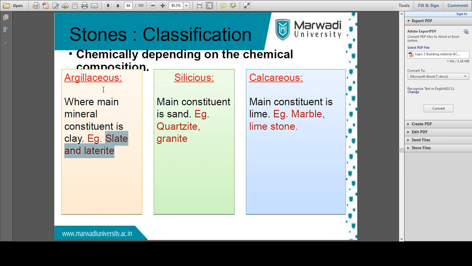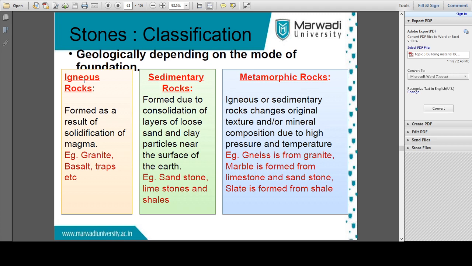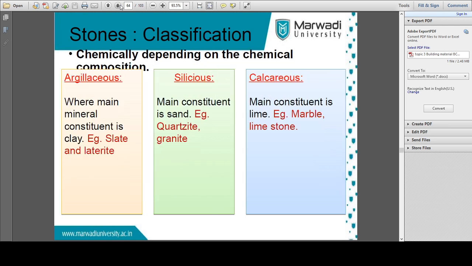In examination, whenever they ask classification of stone, you should be very clear. If they ask based on geological formation, then you need to mention igneous, sedimentary and metamorphic. If they ask for classification of stone based on physical characteristic, then you should write argillaceous, siliceous and calcareous.